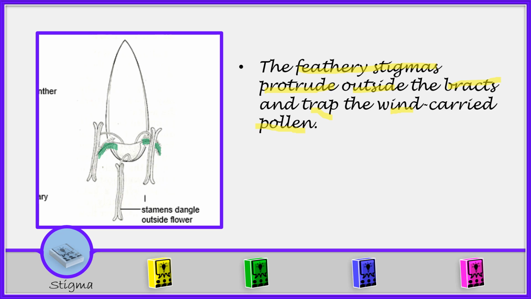They are now protruding outside of the bract. And when they come outside of the bract, they are going to trap the pollen which is in the wind. The pollen carried by the wind is going to land on the feathery stigma.